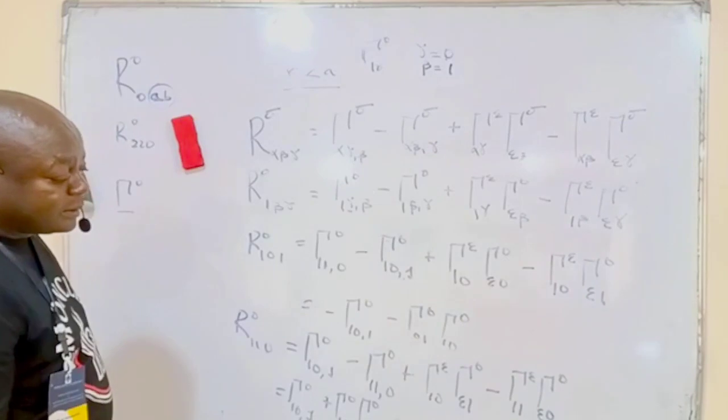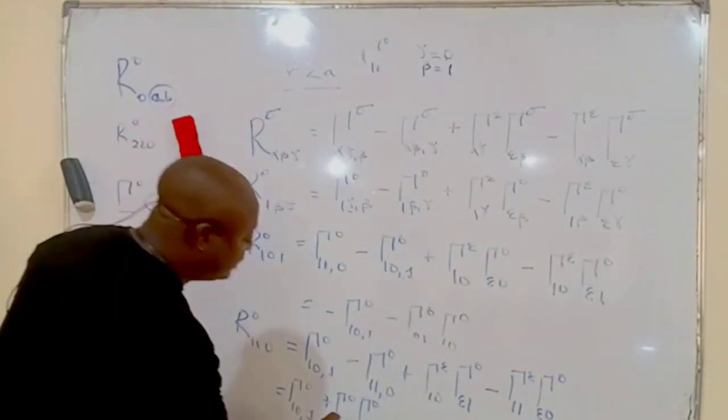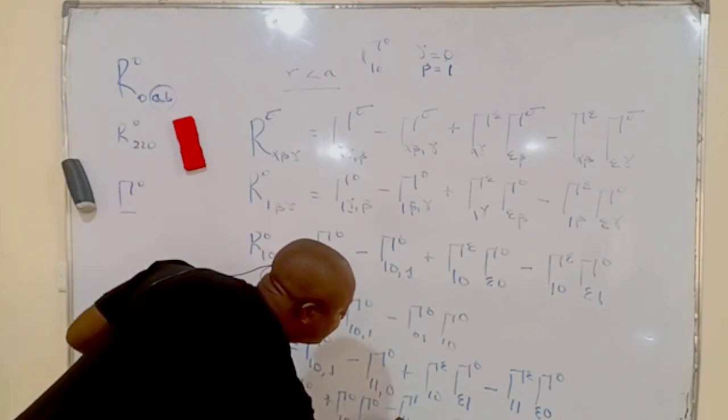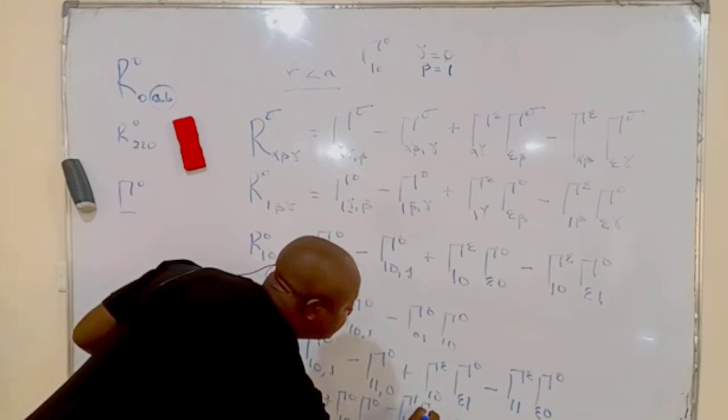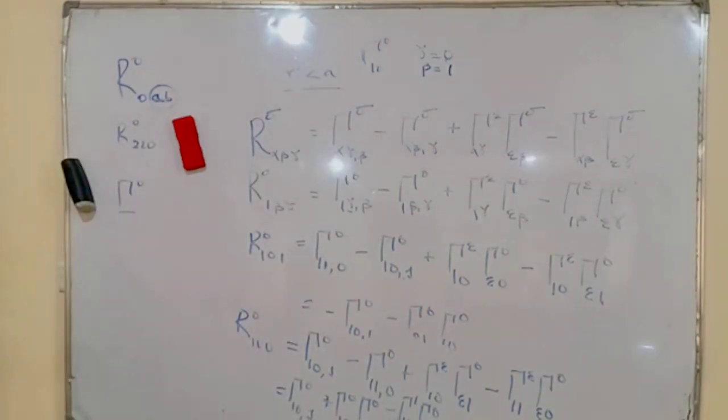Okay? You have 1 and 1 here. So this one will survive. So you have minus 1, 1, 1, 0, 1, 0. So you have that one. Okay?